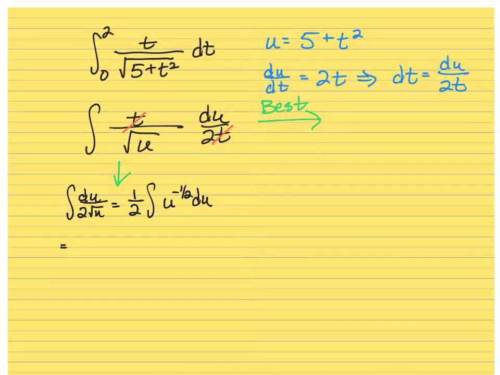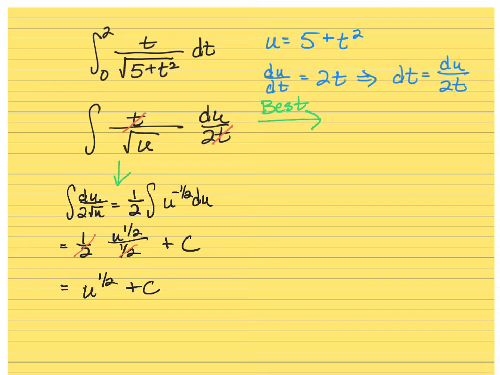Notice I'm not putting limits there because these are all u's. And so it's going to be 1/2 u to the 1/2 over 1/2, plus c, because we've now integrated it. And I could flip that 1/2 or cancel those 1/2s, but either way, those are going to both disappear. And so I'm left with u to the 1/2 plus c.